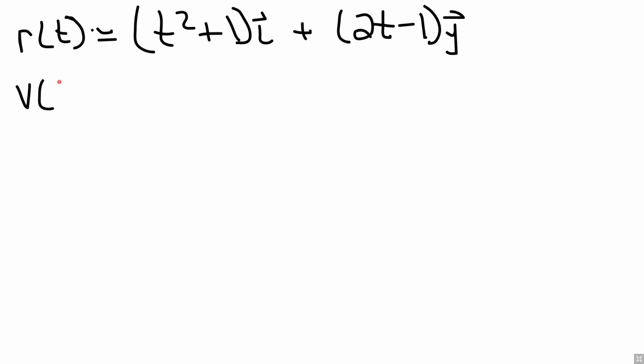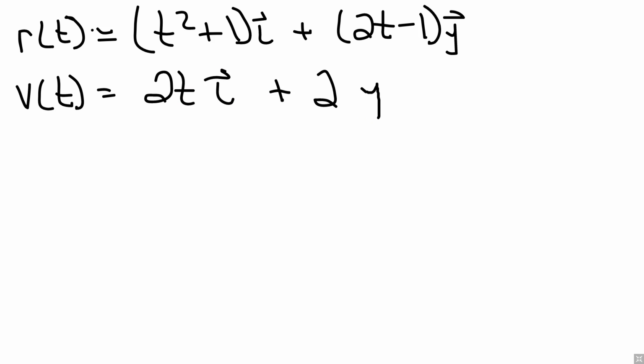So our velocity vector, which will be the first derivative, is going to be 2t in the i direction plus 2 in the j direction. Our acceleration vector is the derivative of that, which is going to be 2 in the i direction.